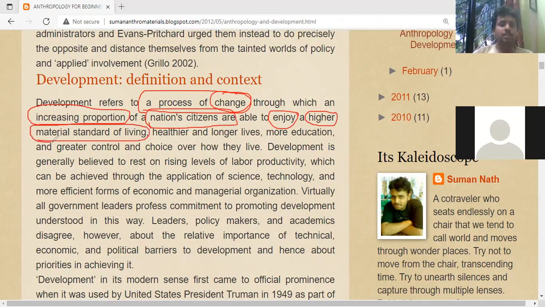Material standard of living, it's not only living, it is a material standard of living, healthier and longer lives, অনেক বেশি সুস্থ এবং অনেক লম্বা জীবন, healthier and longer lives, more education, another important word, more education, and greater control and choice. এই শব্দটা সবচেয়ে বেশি গুরুত্বপূর্ণ, greater control and choice over how they live.